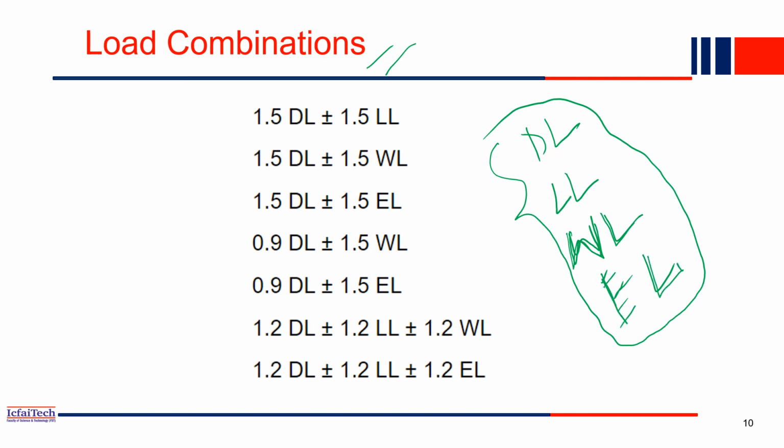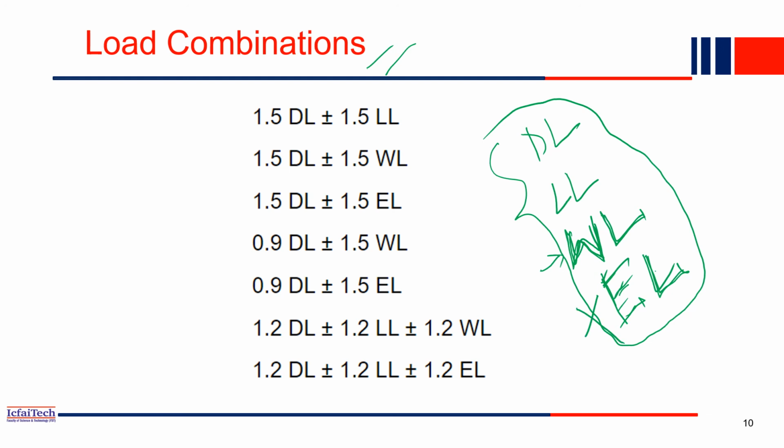For example, Andhra Pradesh is a coastal state, right? So here you may have to consider wind load because wind speed will be higher near the coastal region. But Andhra Pradesh is very less prone to earthquakes, so you may not consider earthquake load while designing a structure there.